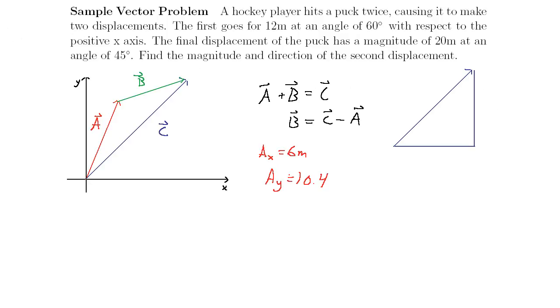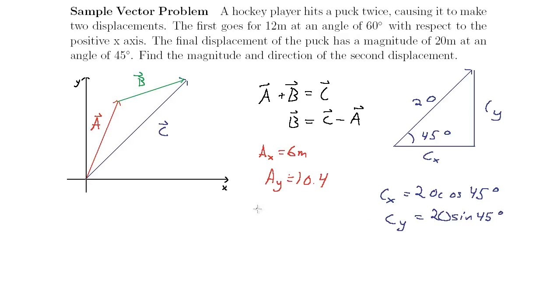This side is 20. This is C sub x, C sub y, and this angle here is 45 degrees. So Cx is equal to 20 times the cosine of 45 degrees, and Cy is equal to 20 times the sine of 45 degrees.